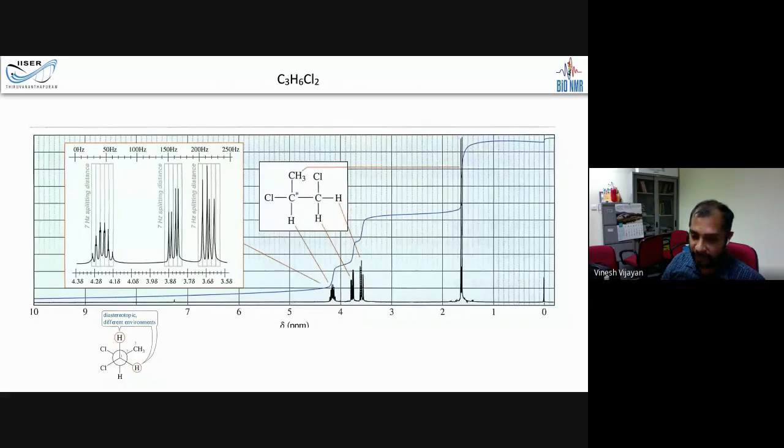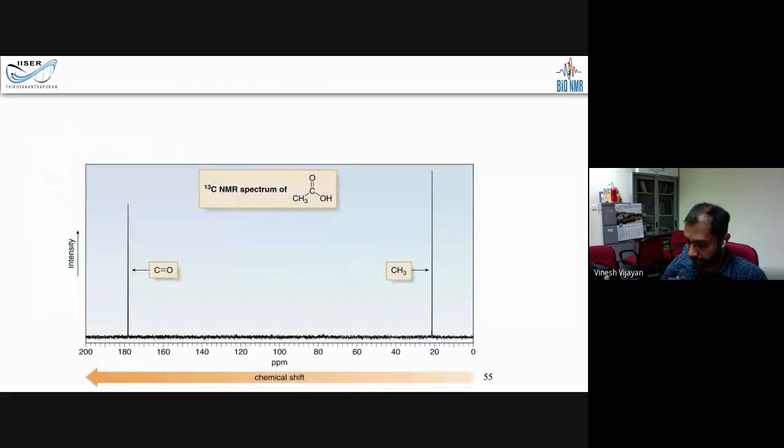If you put them in a chiral solvent, enantiotopic hydrogens will have different chemical shifts. But if you have an achiral solvent, which is normally what you use, then enantiotopic protons have the same chemical shift. For diastereotopic protons, as is the case here, they will have different chemical shifts, be it in a chiral or achiral medium.